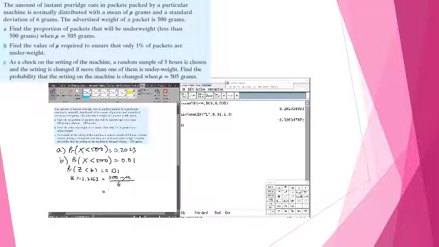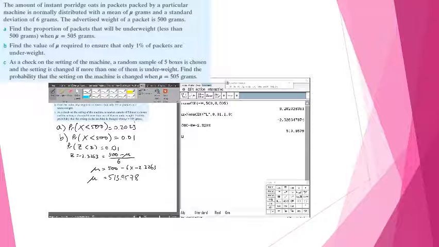So then our mean is going to be 500 minus 6 times negative 2.3263, which is 513.9578.